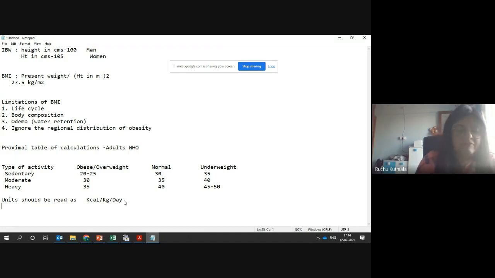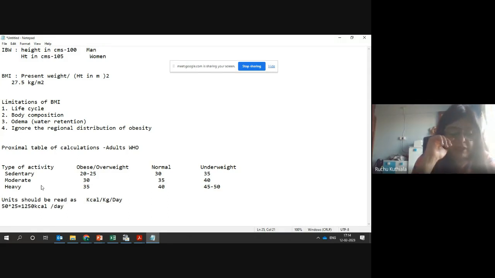So in this, 50 is the weight what should be there, but unfortunately this woman is obese. So if that woman is sedentary, not physically active, I would do 50 multiplied by 20 or 25. So I'm picking up 25. So this woman requires how many kilocalories? It will come out to be 1250 kilocalorie per day.